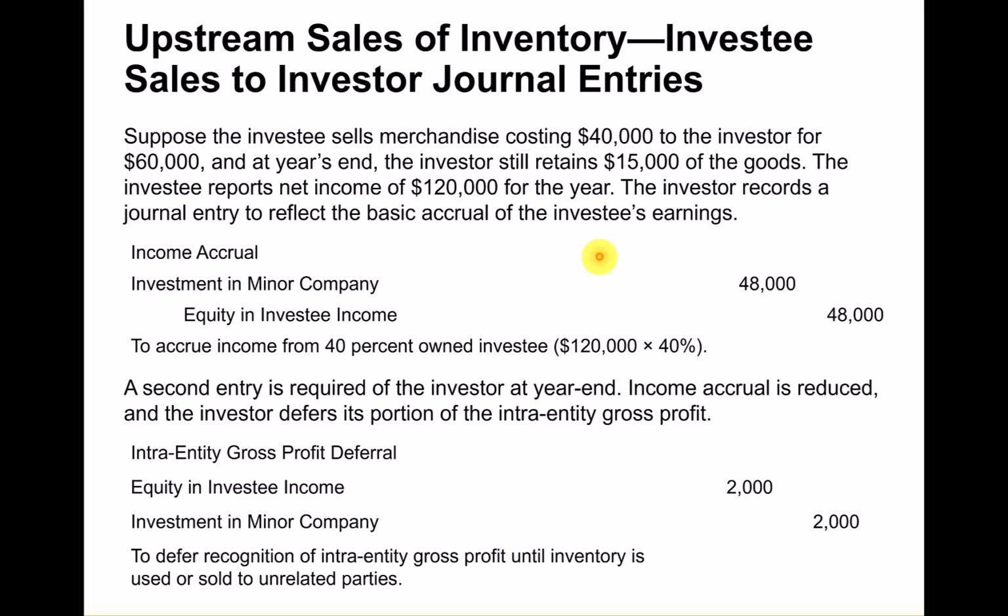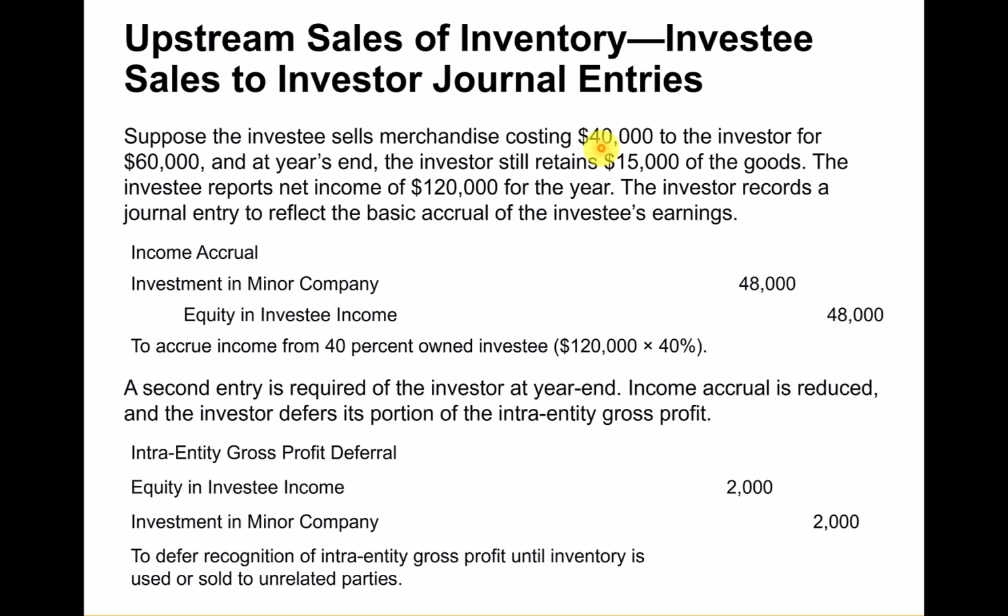Okay, let me go through the facts again. We have an investor who owns an investee, just like the previous situation, owning 40% interest in the investee. The investee is selling merchandise at a price of $60,000 to the investor. It costs the investee $40,000. So the investee is making a profit of the difference of $20,000.